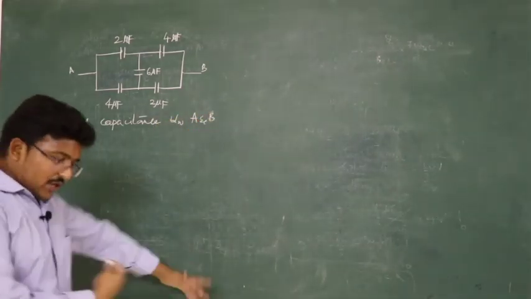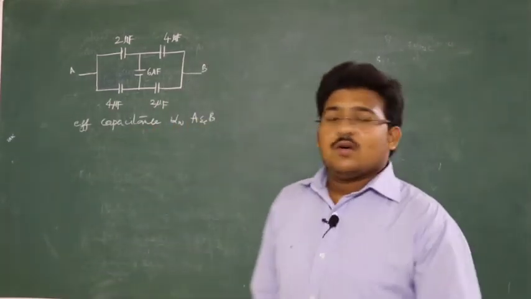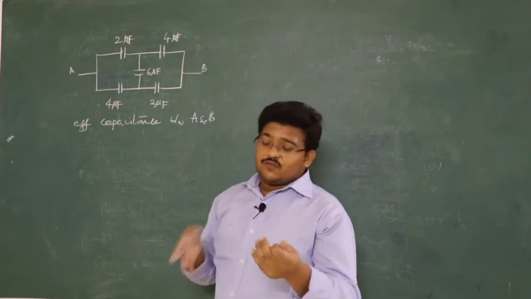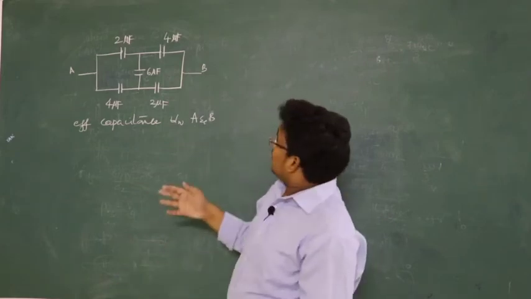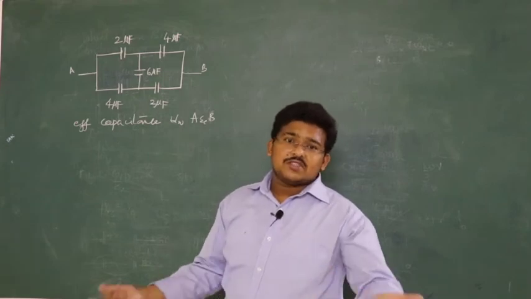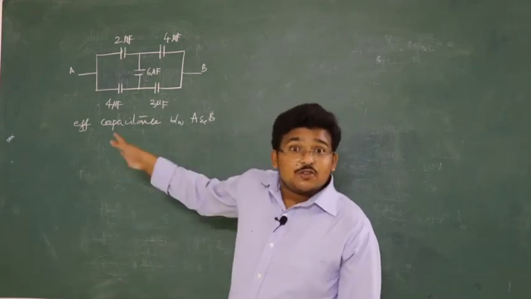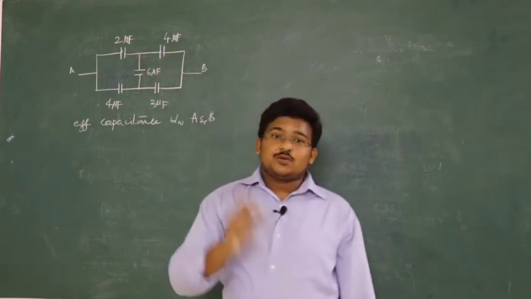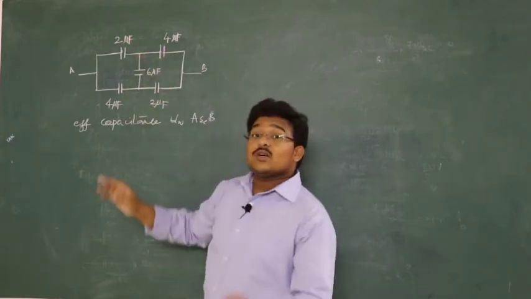Can you tell which are in series? No, because in this branch only one thing is there. If there are two, then you can say. Can you tell which is in parallel? No, because the endpoints are all different. Is it a Wheatstone bridge? No. See, the ratio of 2:4 is 1:2, but the ratio of the other two is 2:1.